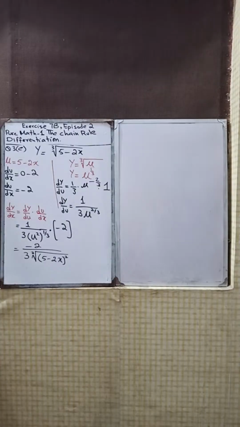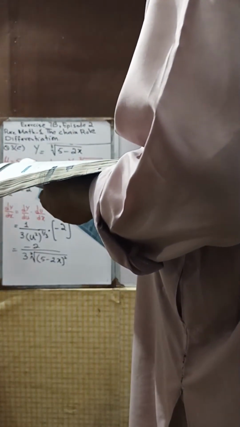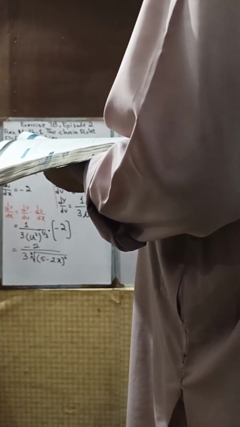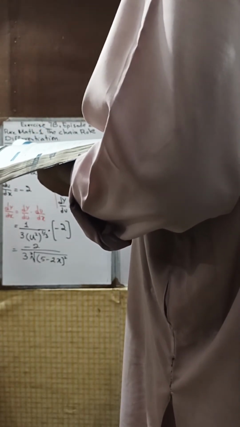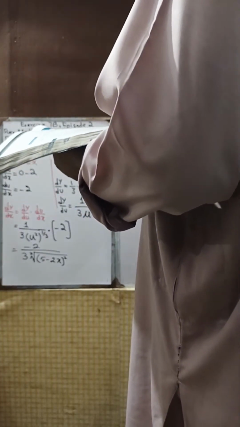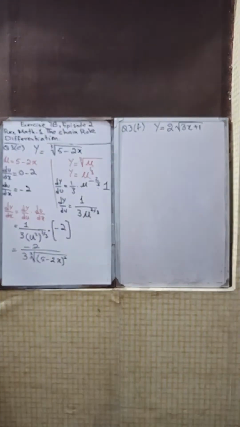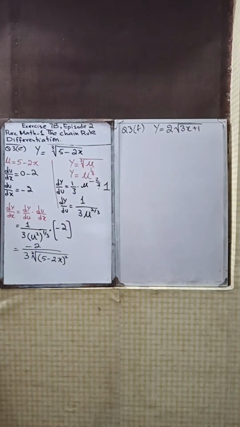It says y is equal to 2 and then under root 3x plus 1. So this is question number 3, F part.